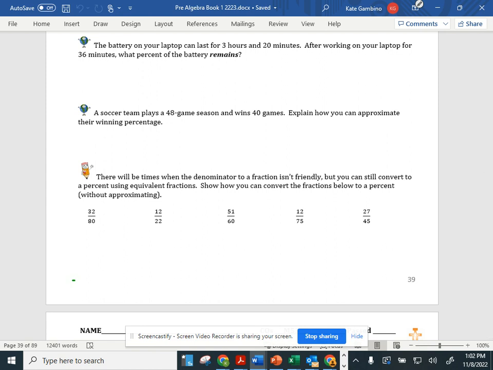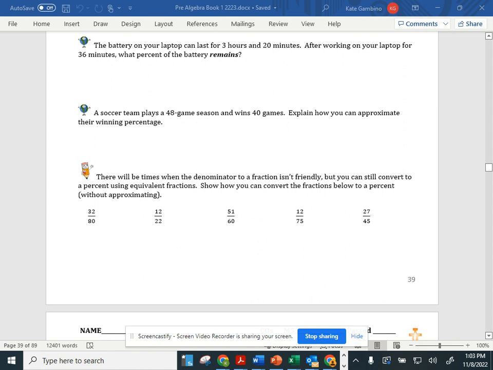There will be times when the denominator to a fraction isn't friendly, but you can still convert to a percent using equivalent fractions. So this kind of goes back to what Aiden was asking. Sometimes we have a number that wasn't a friendly denominator up top, but we can turn it into a friendly denominator.